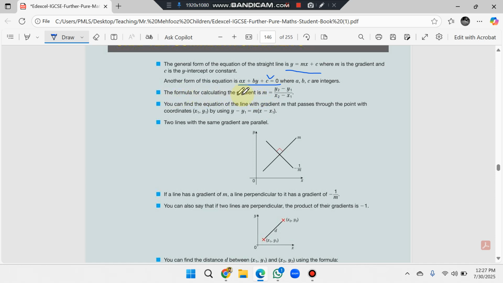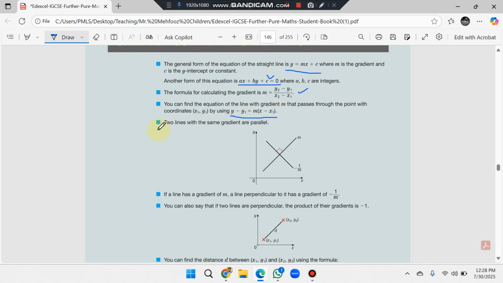The formula for calculating the gradient is m equals y2 minus y1 over x2 minus x1, and the point-slope form is y minus y1 equals m times x minus x1. This formula is used when we have a gradient and also a point; we can find the equation of the line using the slope and the given point.